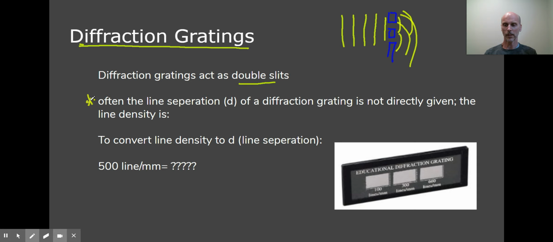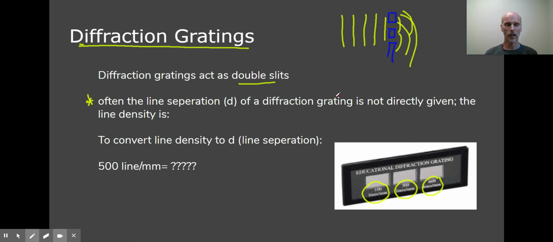The problem is often on a diffraction grating like the one that I have pictured down here, they don't tell you the D, they actually tell you the line density. So check it out. This one actually has 3 different line densities. There are 3 diffraction gratings for the price of one down here. They tell you that one of them is 100 lines per millimeter, one is 300 lines per millimeter, and one is 600 lines per millimeter.